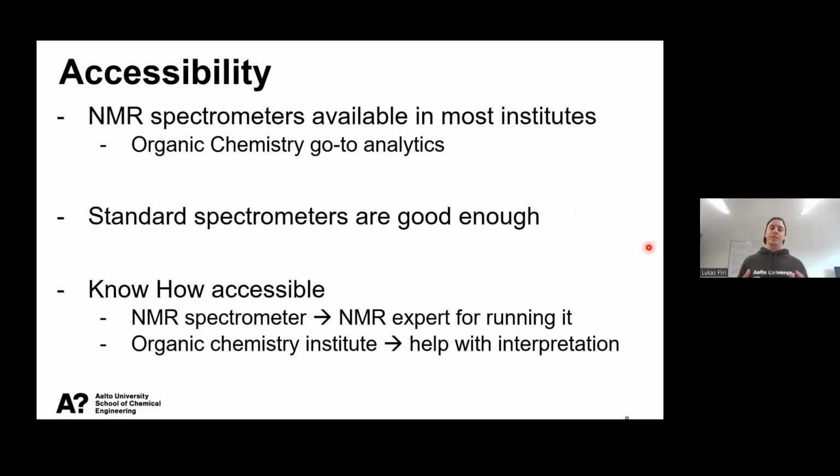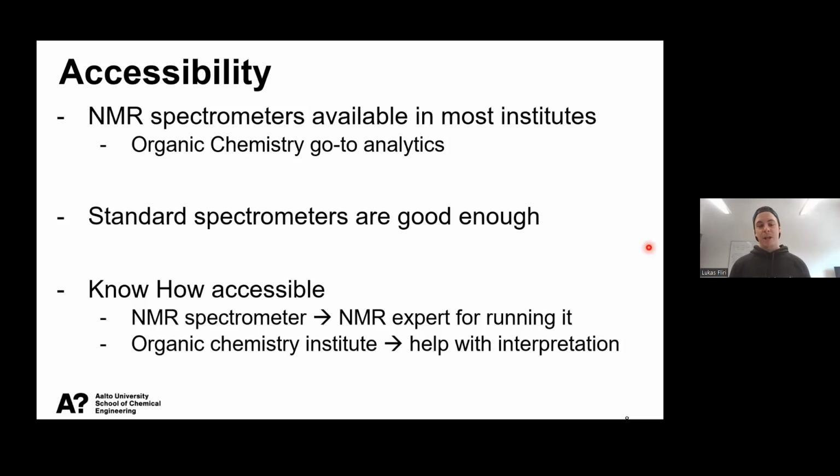No, NMR spectrometers can normally be found in almost all research institutes as long as you have somebody working on organic chemistry. I also want to highlight that this protocol doesn't need any specialized equipment. It is usually good to go on a non-specialized standard spectrometer. Most universities have them in their institutes.